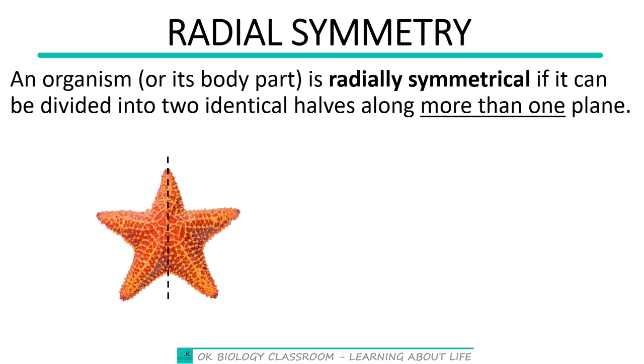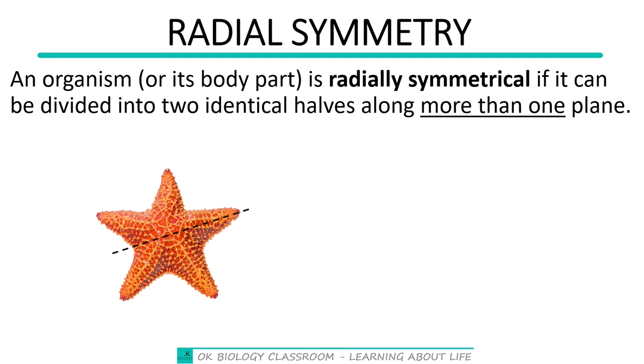The starfish can be divided into two identical halves using this line. So you see here, this side has been mirrored here, this side has been mirrored here, and even this side has been split into two. Right. But apart from this line, we can choose to use another line.